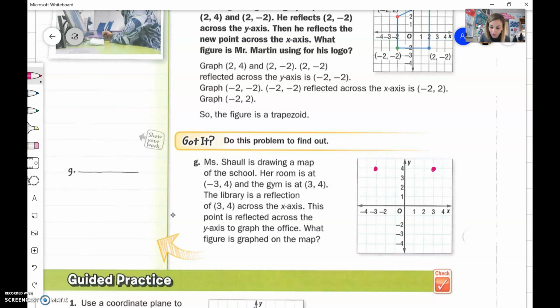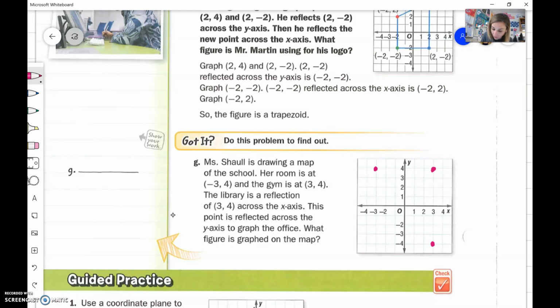The library is a reflection of 3, 4 across the x-axis. So that means it's going to be a reflection of this over my 3, 4, which means it's going to be at 3, -4. Okay, and then the office is a reflection of the gym across the y-axis.